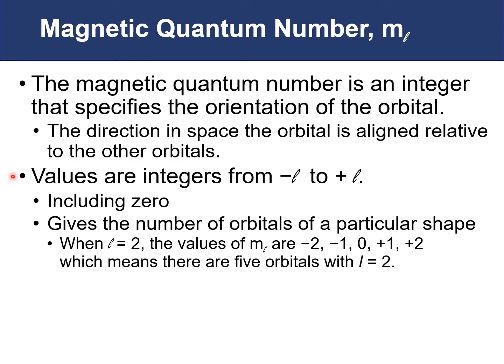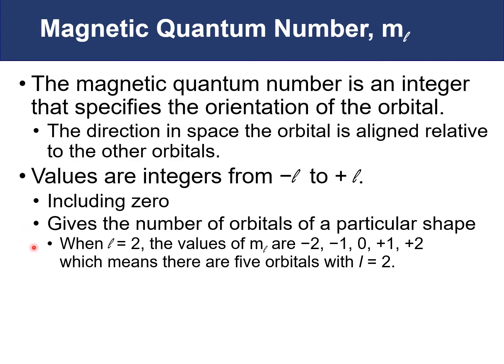That n value will dictate what the possible L values are, and those L values will tell us what possible m sub L values we can work with. So the value of the integers for m sub L range from negative L to positive L and will include 0. This will give us the total number of orbitals for a particular shape.